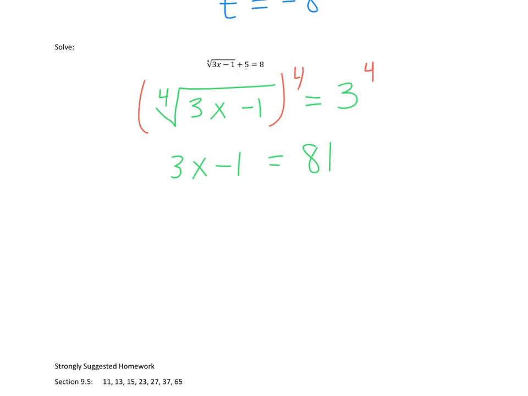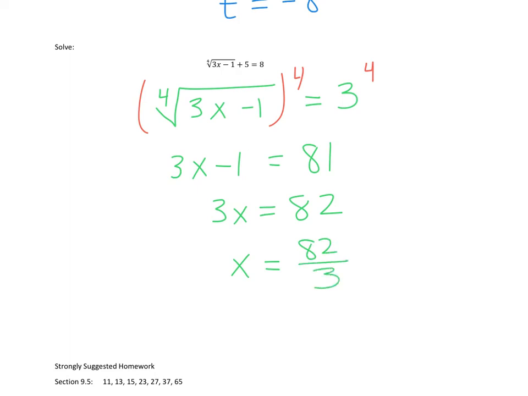And now it's a linear equation, so we would isolate x. That means add 1 to both sides. Constants go on one side, variables stay on the other. Whoops, I said add 1. 81 plus 1 is 82. And then you would divide by the coefficient to get 82 over 3.